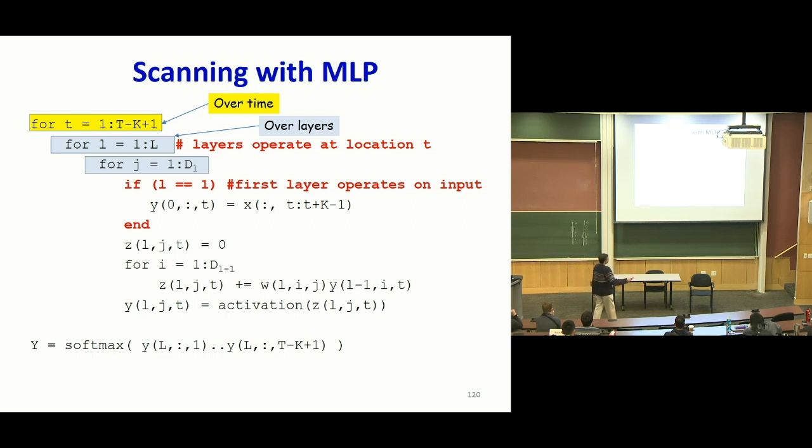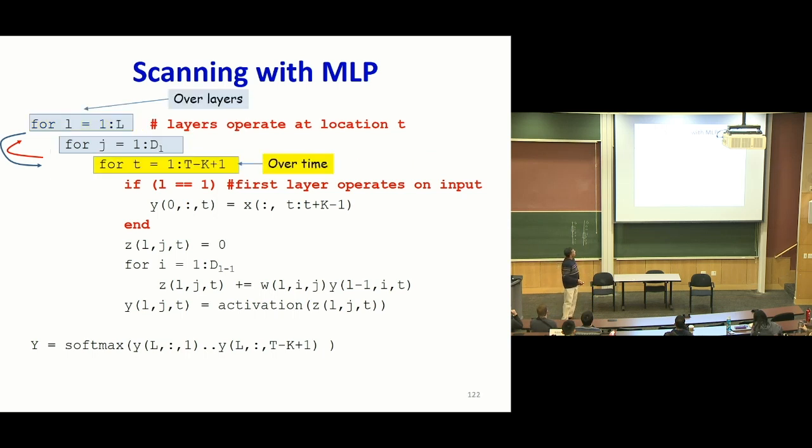First, the outermost loop is over time, but then the inner loops are over layers and over neurons. So at each location in time, you went through all the layers, and in each layer you went through all the neurons. If I change the order of these loops, will the output change? You've written code, right? I can bounce these things around in any which way, and the code will not change.